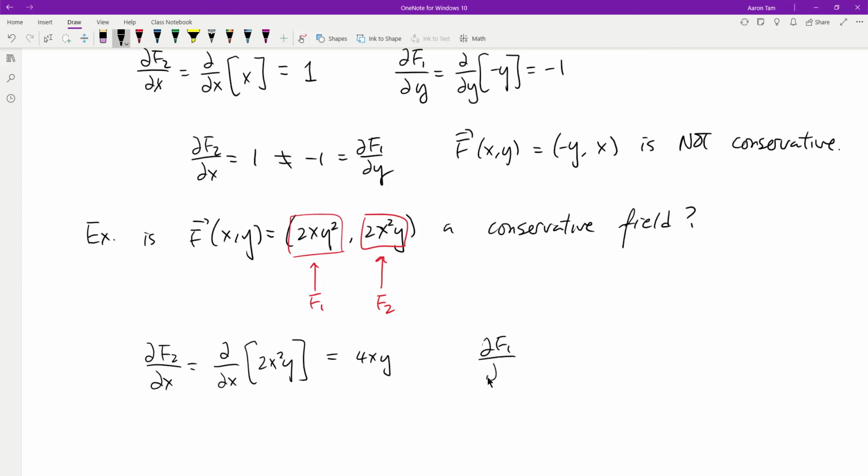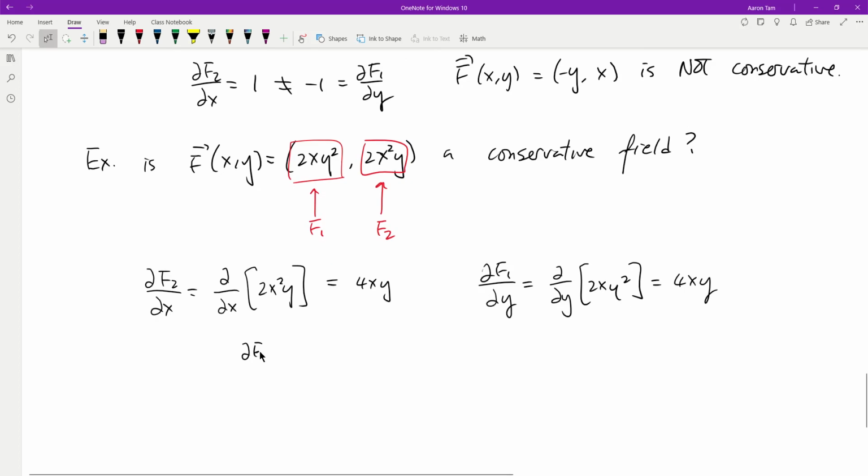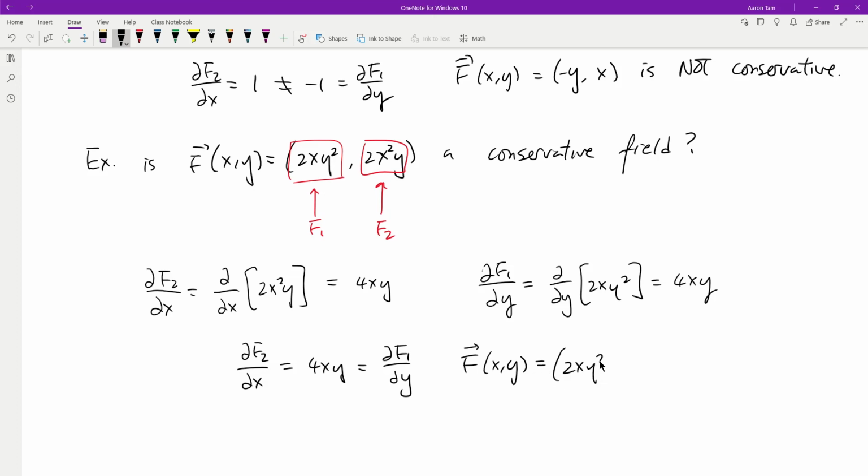And df1 over dy would equal d over dy of 2xy squared. So that also comes out to be 4xy. So therefore, I can now conclude that in this case, df2 over dx is equal to 4xy, which is equal to df1 over dy. So therefore, the consistency condition has been met. So vector f of x, y equal to 2xy squared, 2x squared y is actually conservative.